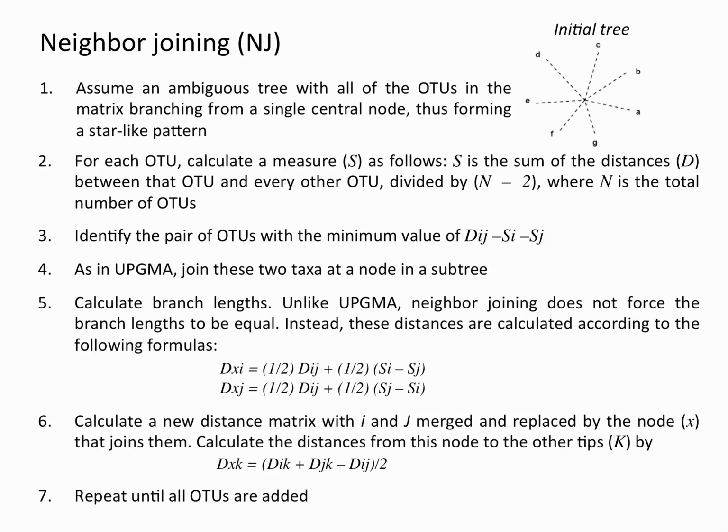For the calculation of branch length, unlike the UPGMA method, neighbor joining does not force the branch lengths to be equal. Instead, these distances are calculated according to the following formulas.